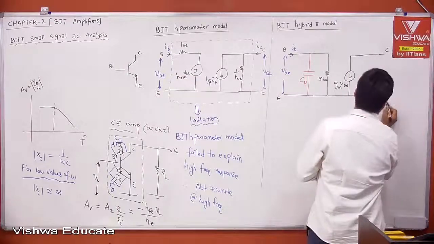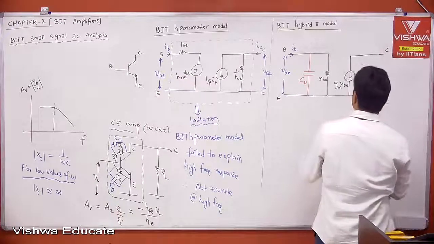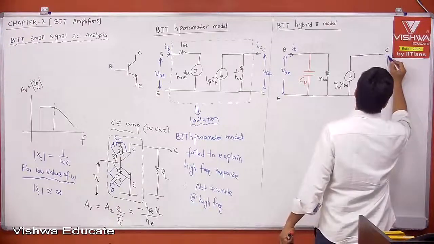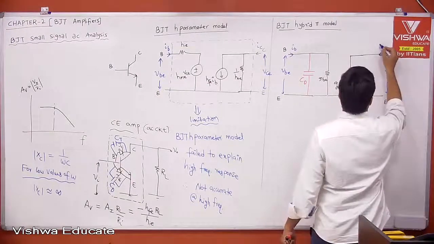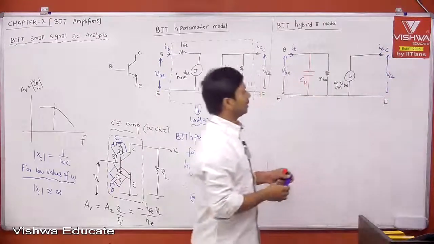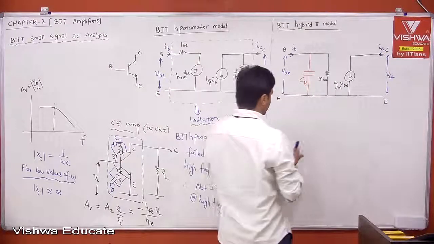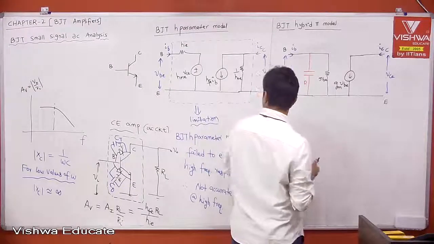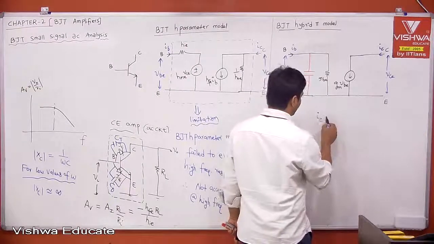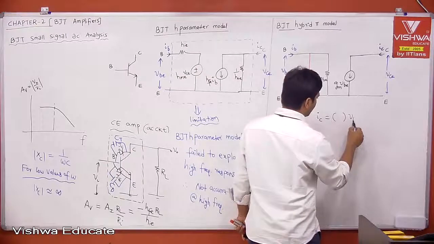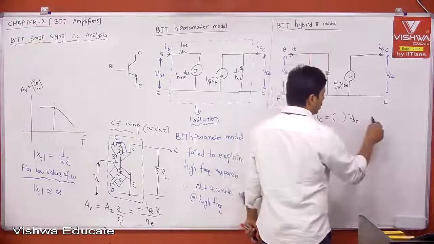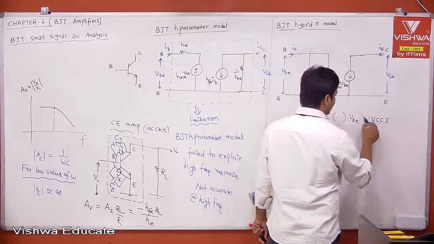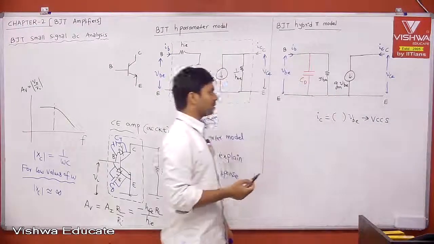This is collector, emitter, this is VCE, and this is IC, right? I want IC to be something into VBE. I want output current to be depending on input voltage, then only it is a voltage control current source, right? Therefore, this is a voltage control current source.